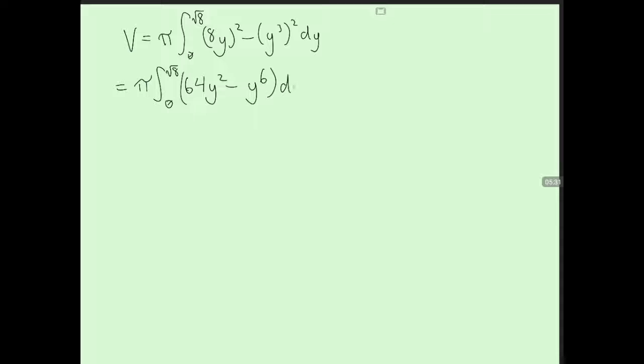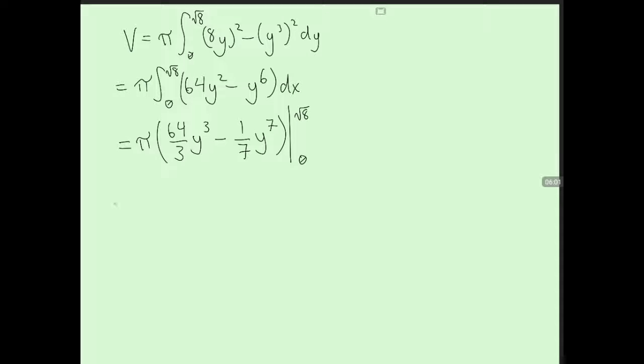Now all we have to do is anti-differentiate, and we can do this by the fundamental theorem of calculus. So what we get is pi times 64 over 3 y cubed minus 1 over 7 y to the seventh, evaluated from root 8 to 0.